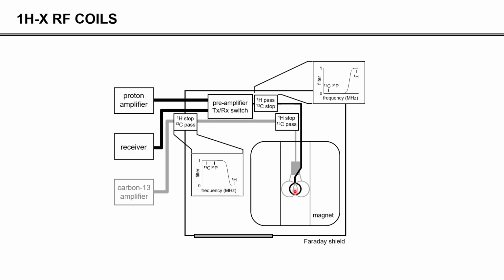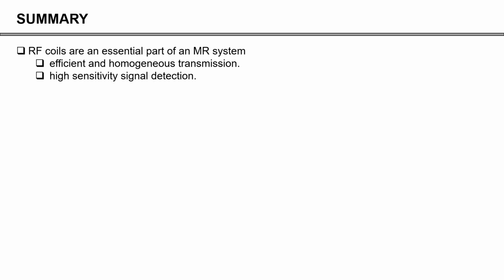Sometimes it's also beneficial that on the proton line to also have a proton pass carbon-13 stop filter, but that is kind of depending on your exact scenario. But if you're interested in those experiments, definitely these kind of filters are going to be pretty important.